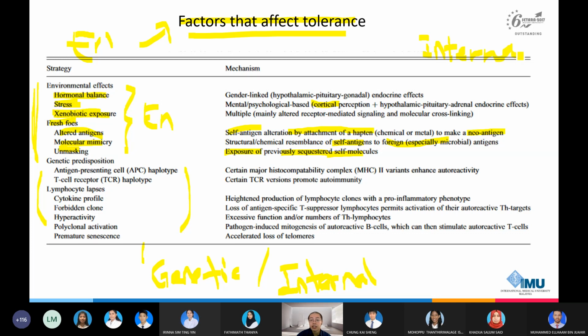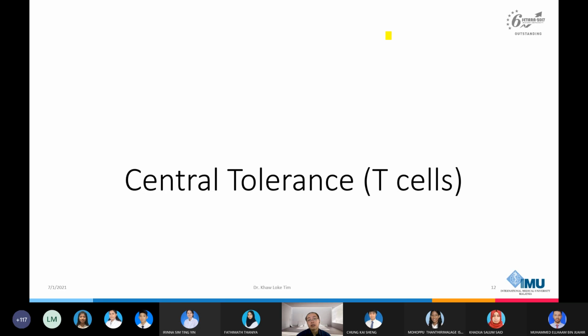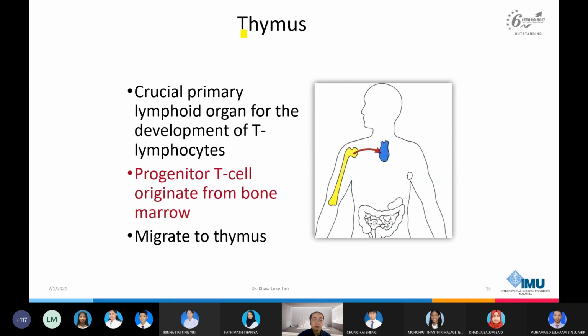Okay, so this is just for your reference for now. Now we're going to go into detail on the different central tolerance processes for T cells. This happens in the thymus. Even though they originate from the bone marrow, they still go through central tolerance in the thymus.